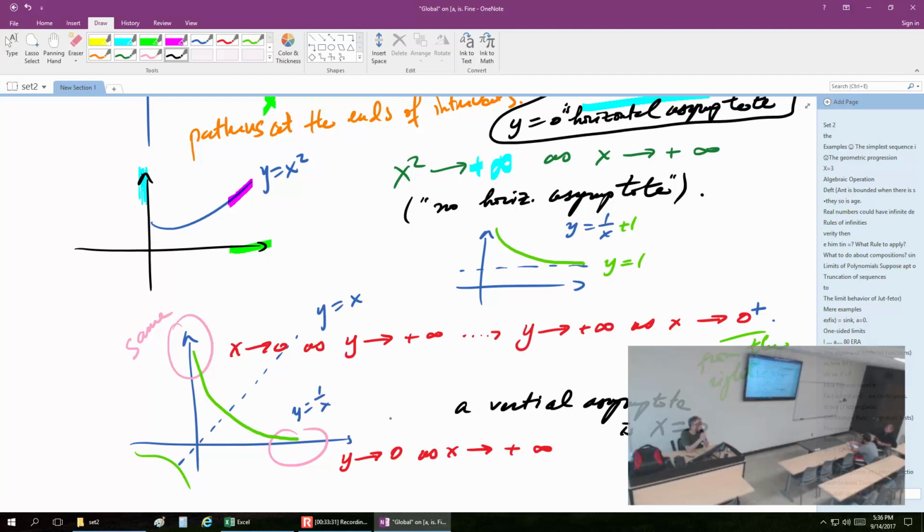We were not talking about oblique asymptotes, which are inclined. But if we concentrate for now on vertical and horizontal asymptotes, the equations are very simple: either x equals something, that's vertical, or y equals something, that is horizontal. Those are the two main patterns that some functions exhibit.